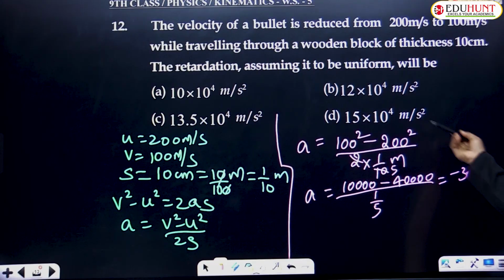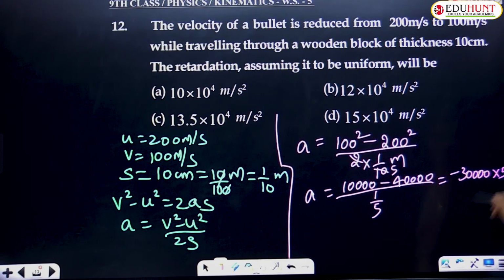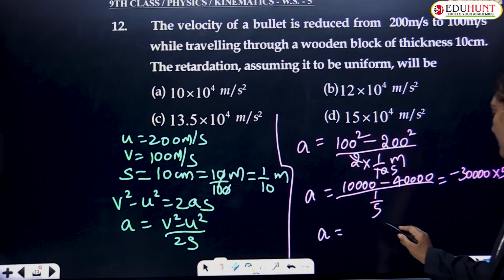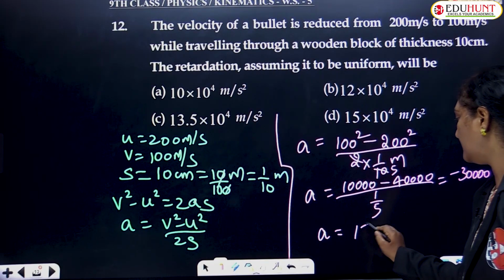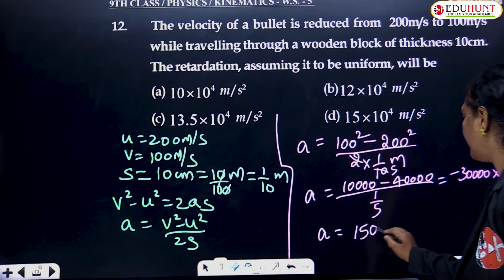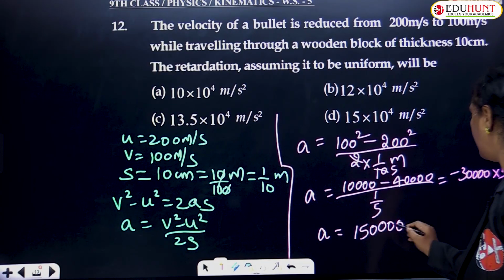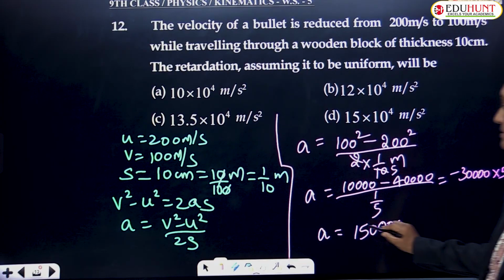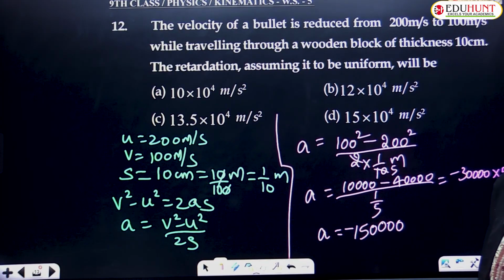This 1 by 5 is brought upward, means into 5. Hence A equals 30 into 5, 3 into 5 is 15, and 4 zeros carry as it is. So the value of A was found to be minus 150,000.